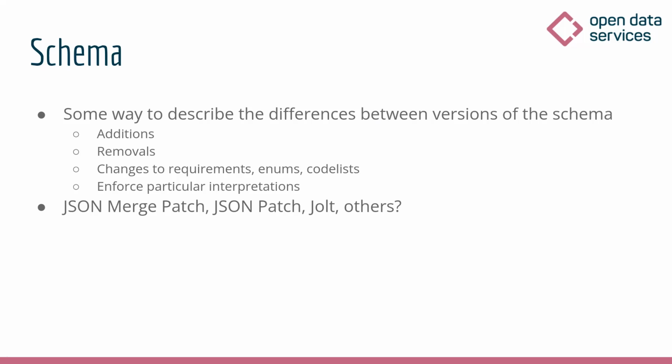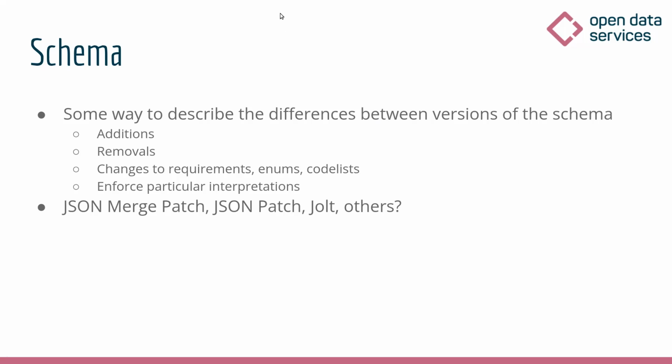There's a few different technologies that let you do this. JSON Merge Patch and JSON Patch are RFC standards. They exist. Jolt is another programmatic way of doing this. These vary in how they work. Some of them describe a series of operations that you do to get from one version of a schema to another. Think of those as a bit more like the Python approach of a procedural thing.